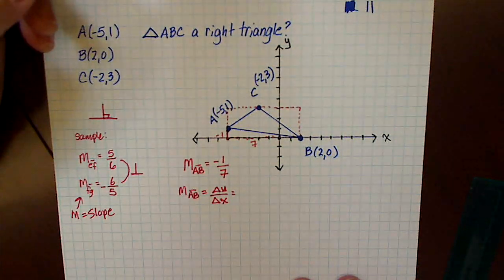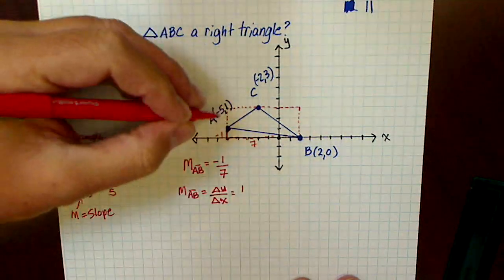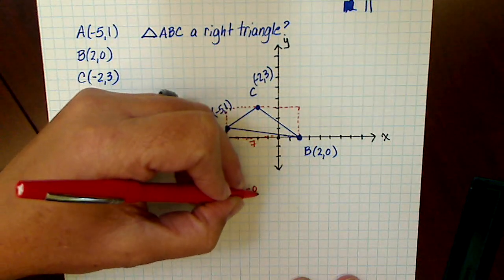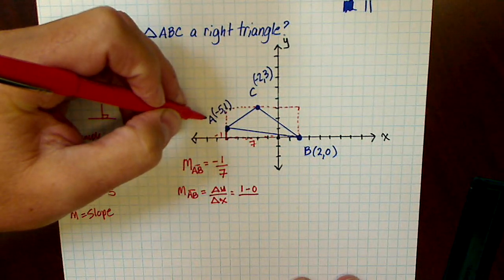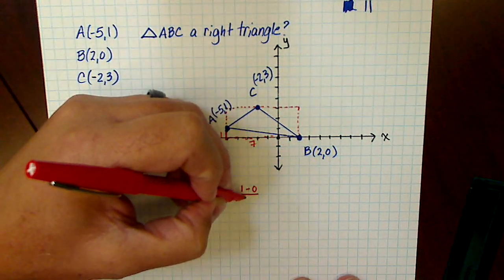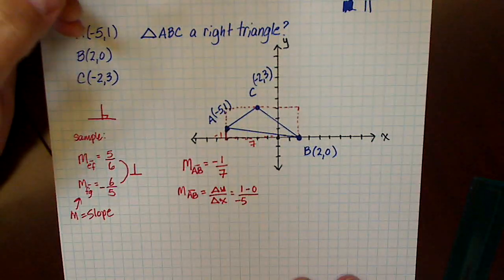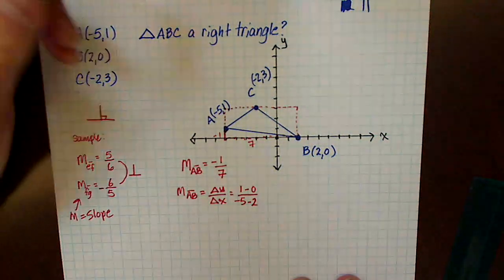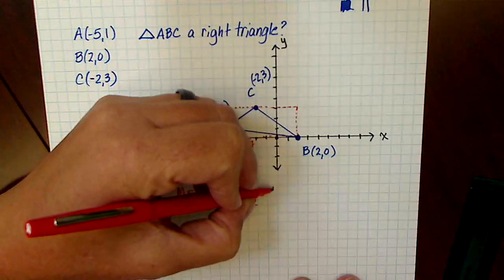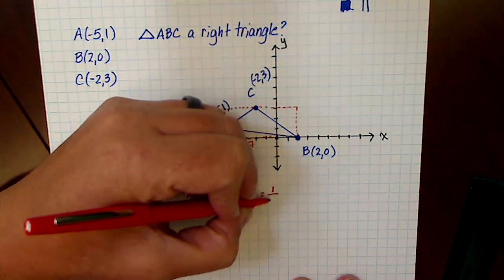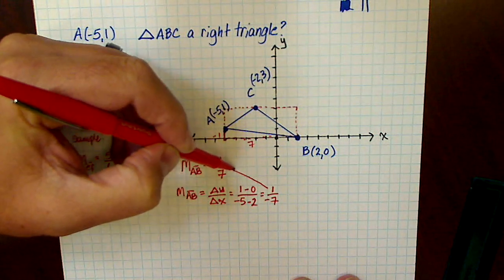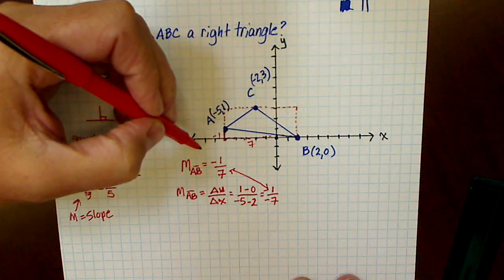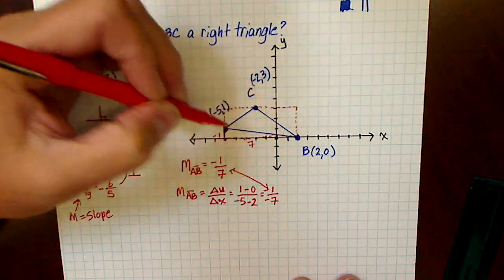So if I take the y values and ask how far it is from 1 to 0, and do the same thing with my change in x values, from -5 to +2, mathematically 1 minus 0 is 1, -5 minus 2 is -7. I end up with the same number. So that's the slope from A to B, the slope of this line right here.